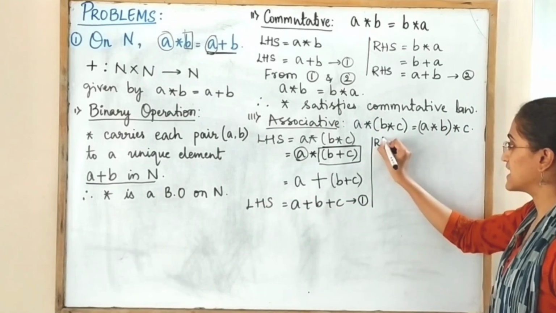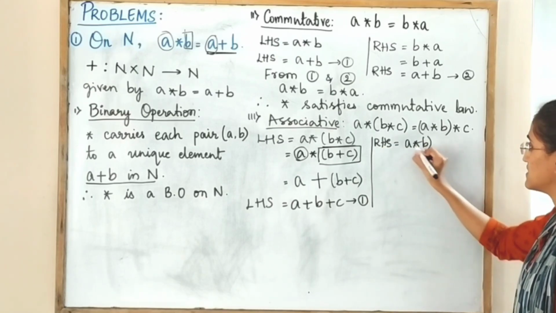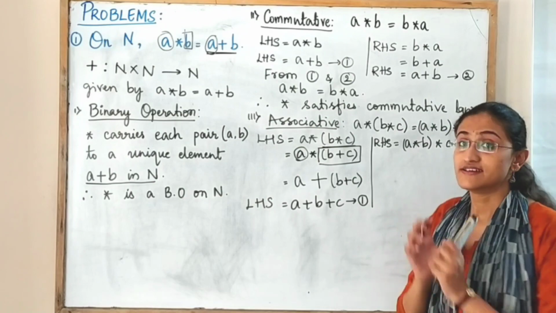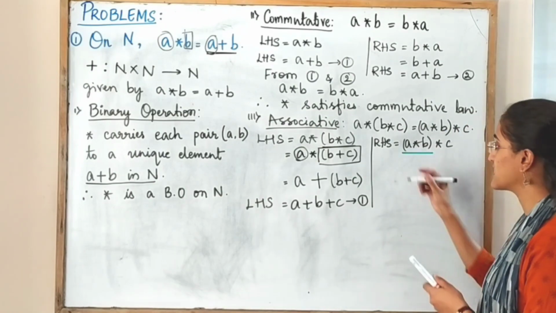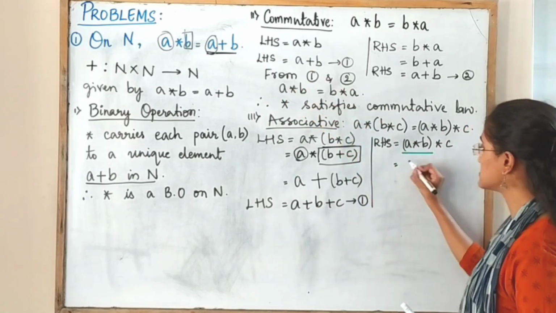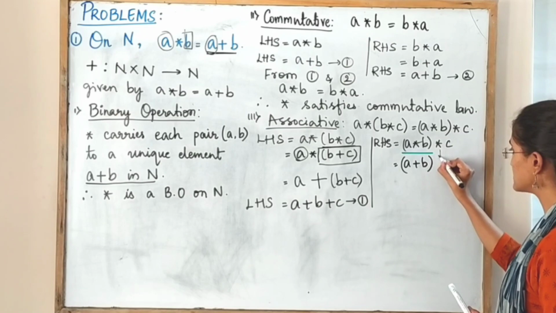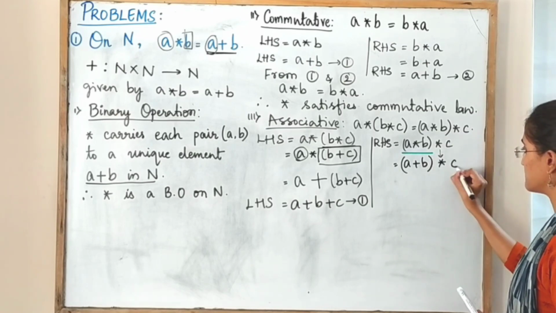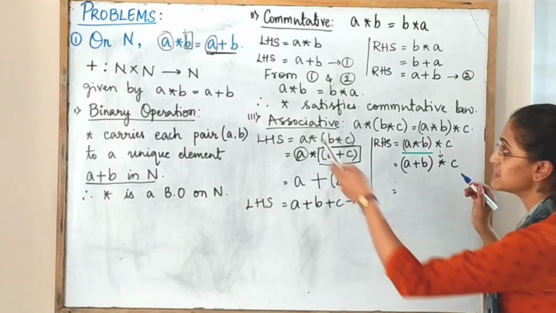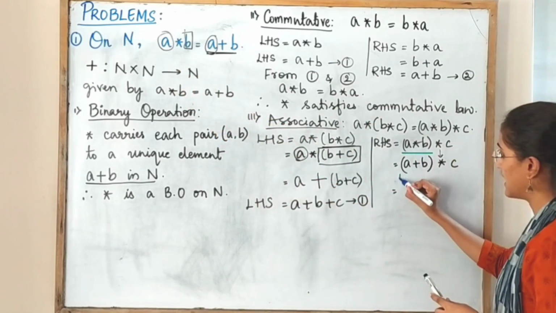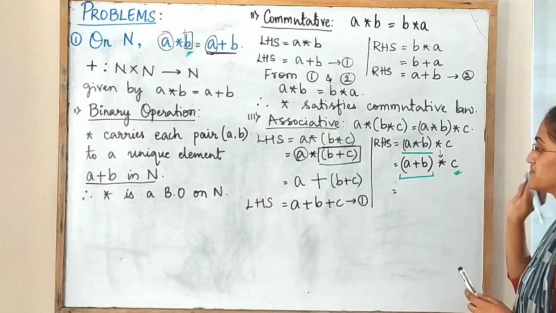Now for the RHS, (A star B) star C. Now applying the operation for the elements within the bracket, we get A star B is nothing but A plus B, star remains as it is, C. Right? Now again, as we had done in the LHS, in the place of A you are having A plus B, and in the place of B you are having C. Fine.